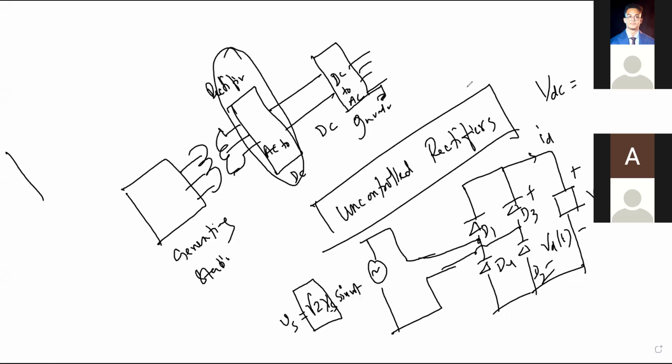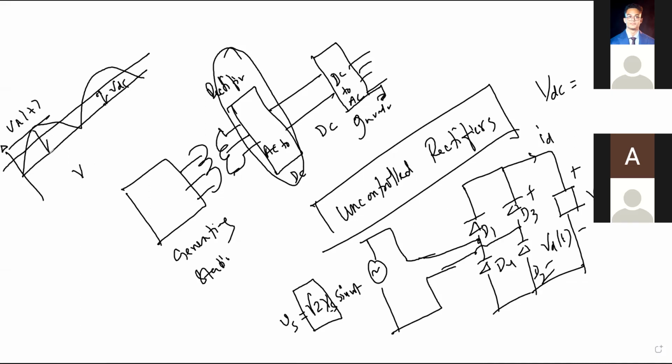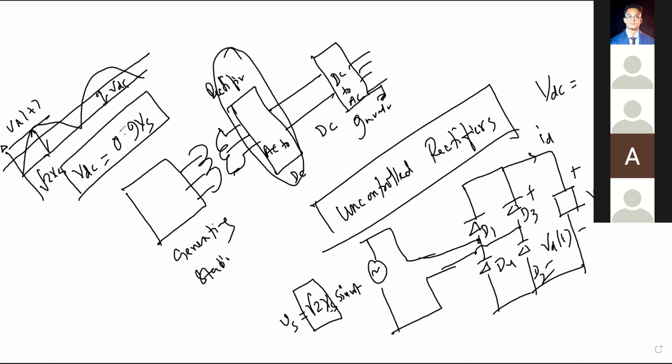If we have this output voltage like this, the maximum value will be equal to root 2 Vs, and what will be the VDC in terms of Vs? 0.9. 0.9 Vs, right? Look here, we don't have any control.